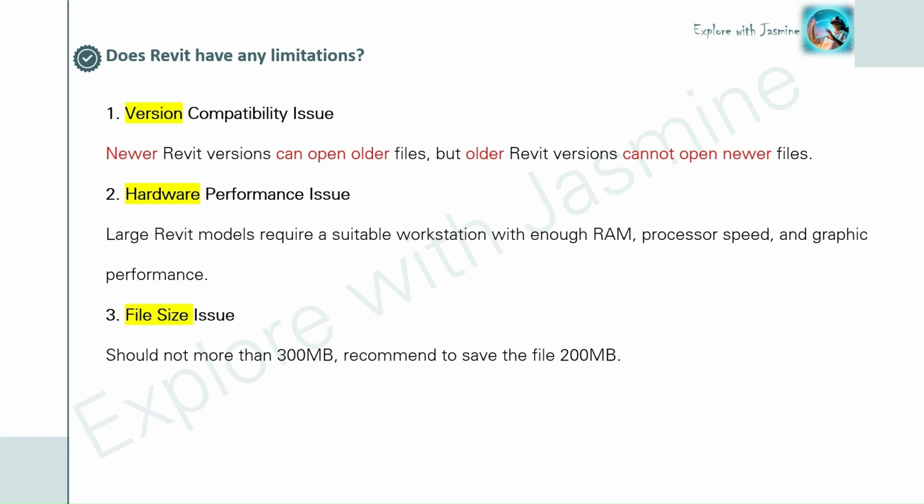But older versions of the software cannot open files created in newer versions. So if you draw your model in the 2025 version, you cannot open that model in 2024. That is what it means.